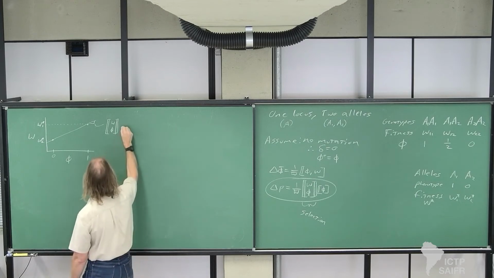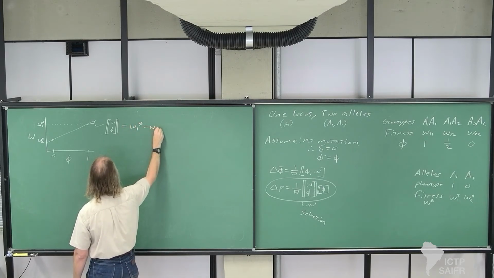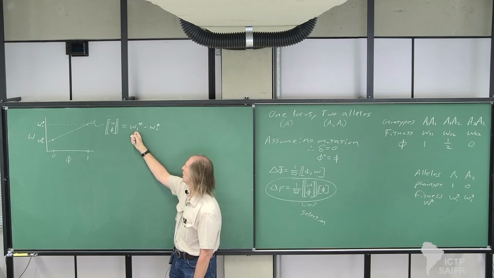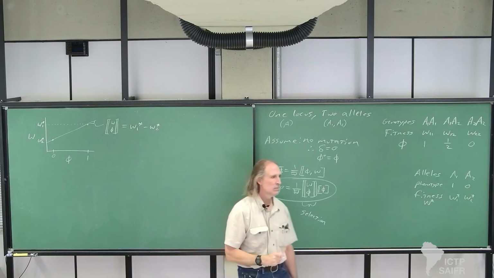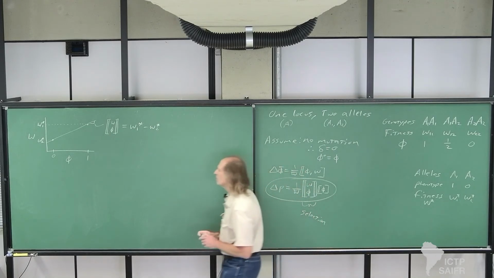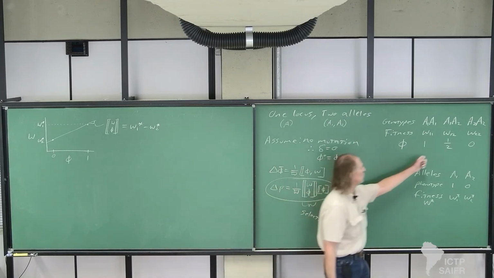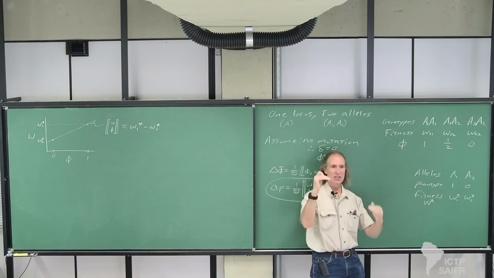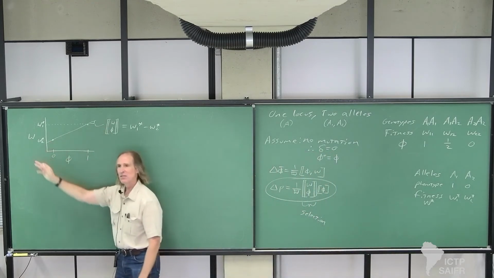So that is simply equal to W1 star minus W2 star: the marginal fitness of allele A1 minus the marginal fitness of allele A2. You'll get the same result if you use genotypes, but then it's not visually as clear. You have to calculate the slope of that regression. Here, it's easy because it's just 2 points. So we're going to do it with that.